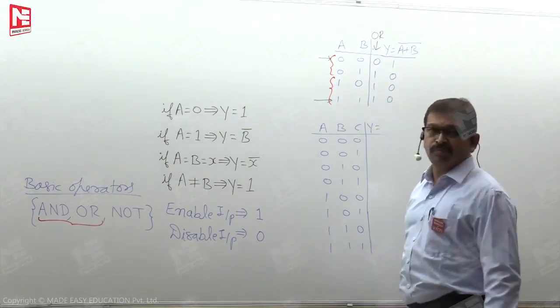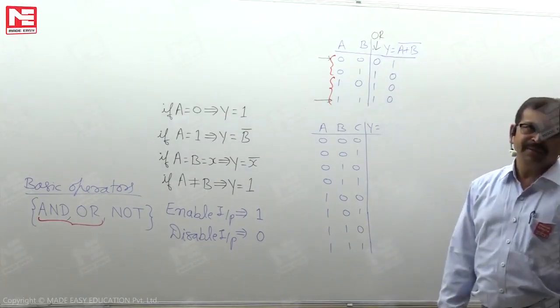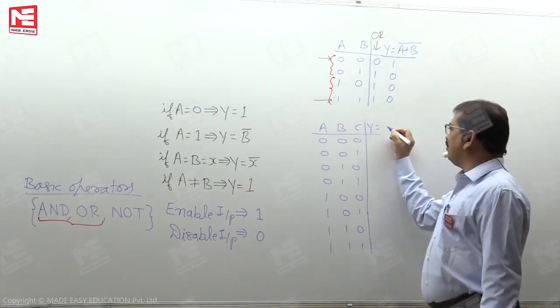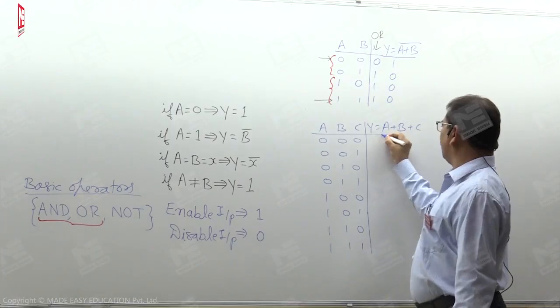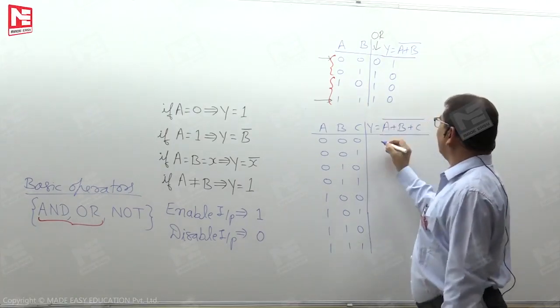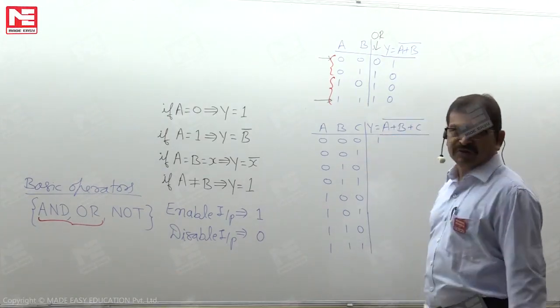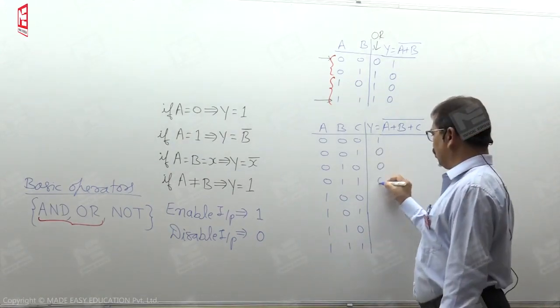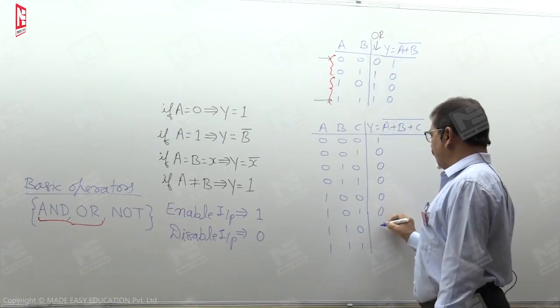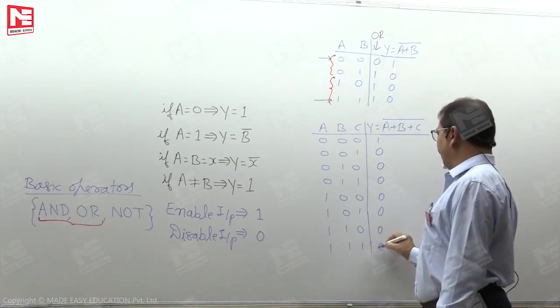Whereas for the first row, it is 1. So based on this, while coming to this 3 variable truth table, here also we are looking for the first row, it is 1, and for the remaining rows it must be 0. The remaining rows will have 0, the first row will have 1.